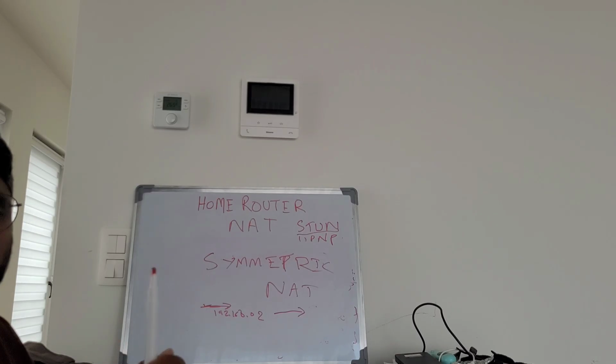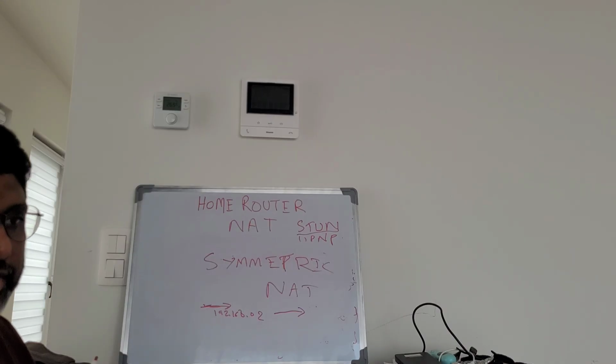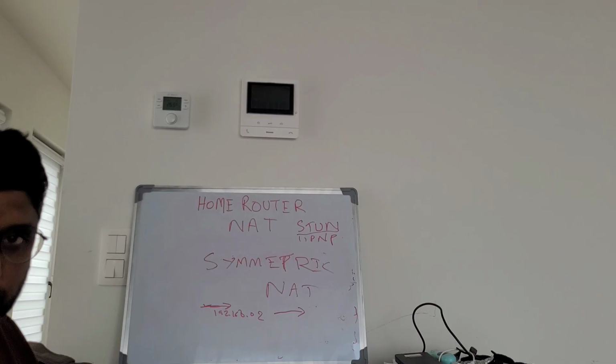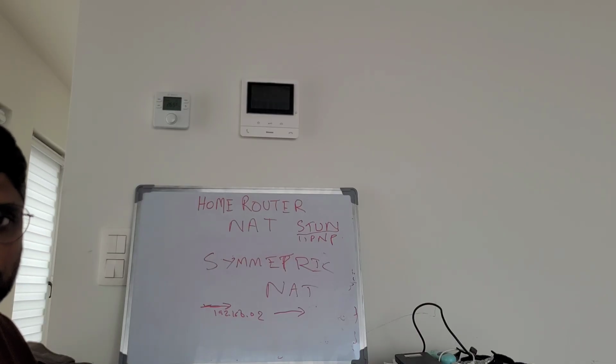Then only the external server can contact the internal client. Then restricted port cone NAT requires both address and port to be used by the internal client to initiate the session to the external server. Then only can it contact the internal client. Symmetric NAT is the toughest and strictest NAT type, where each session is mapped to one public IP address and a separate port, right?